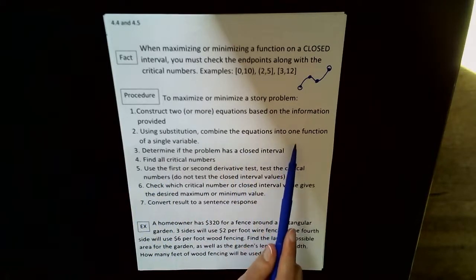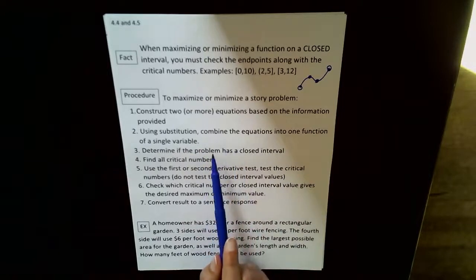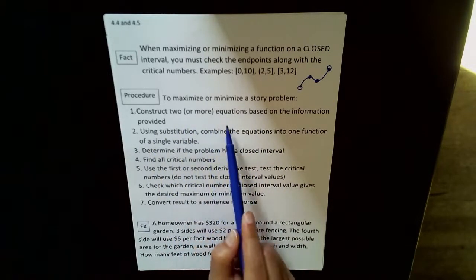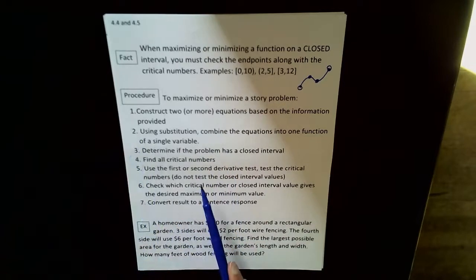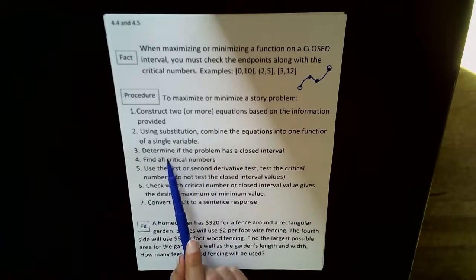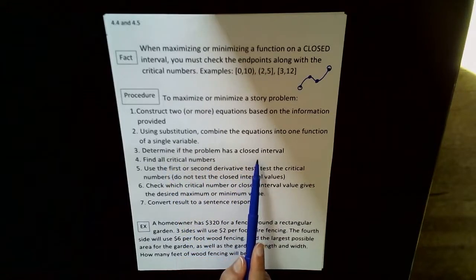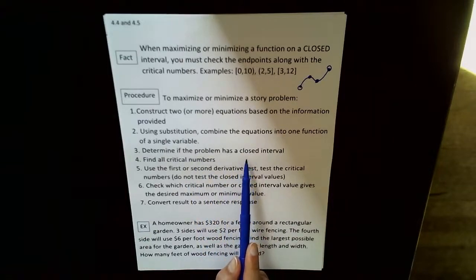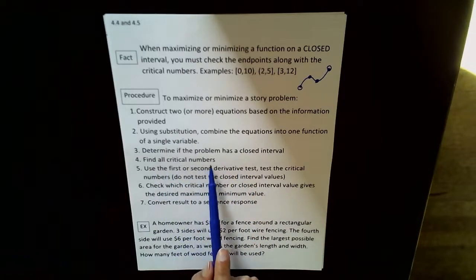So we have to get one function of one variable from all of the data by creating multiple functions and then substituting one into the other. Once we do that, we also should check if we have a closed interval. After we determine if the problem has a closed interval, we can then find all of our critical numbers.